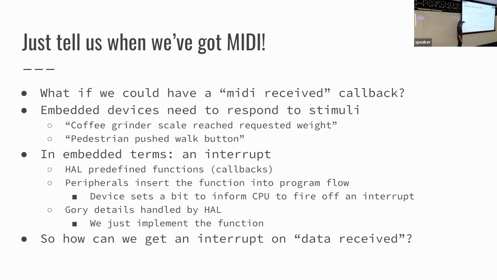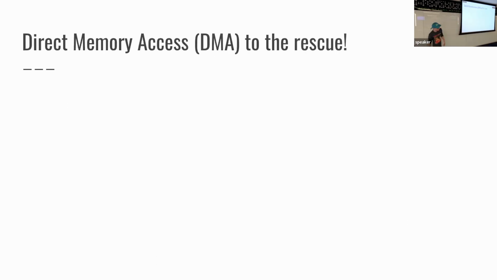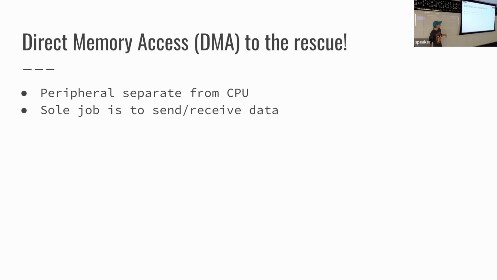Getting back to MIDI, we want to receive an interrupt whenever we receive MIDI, essentially. And the way we do that is using direct memory access. This is a peripheral you'll see a lot. It's really good if your platform has this. It's a peripheral that lives separately from your CPU.